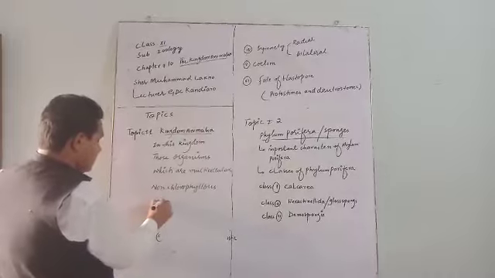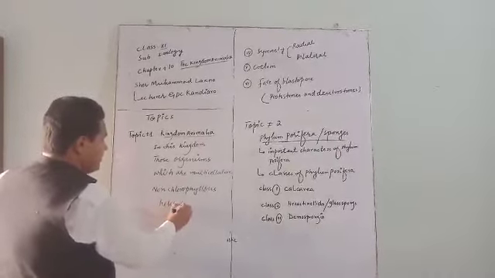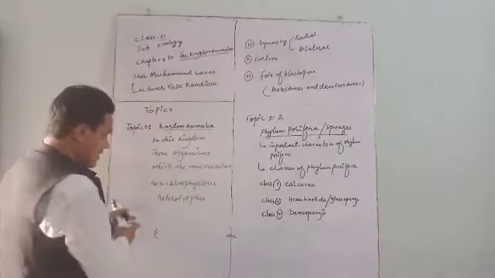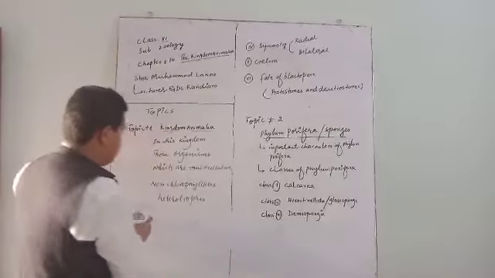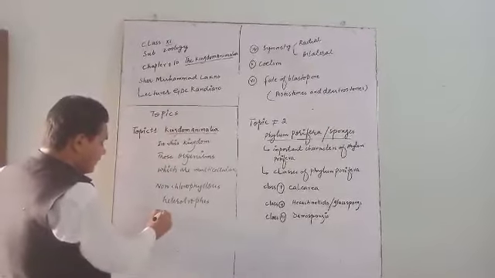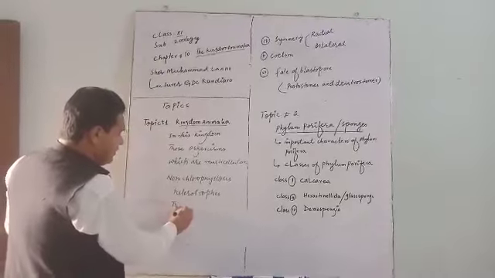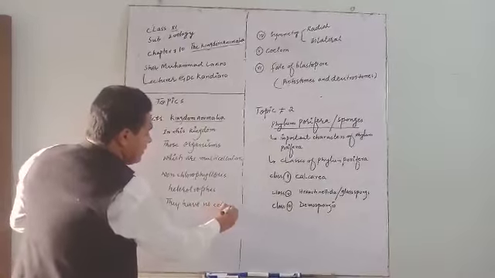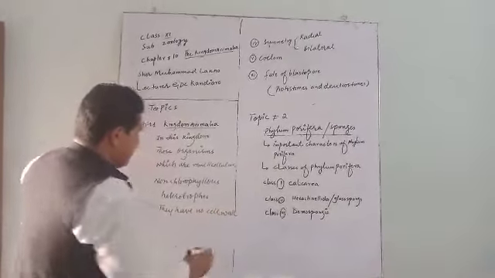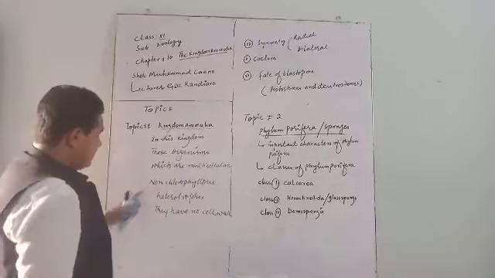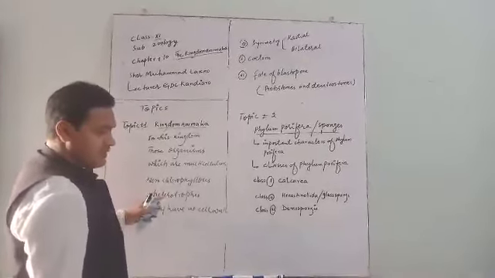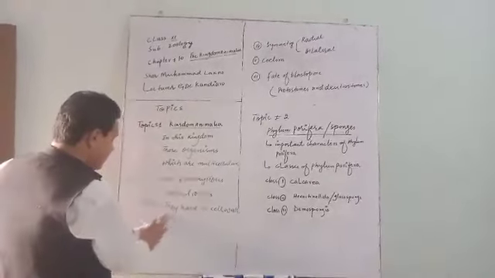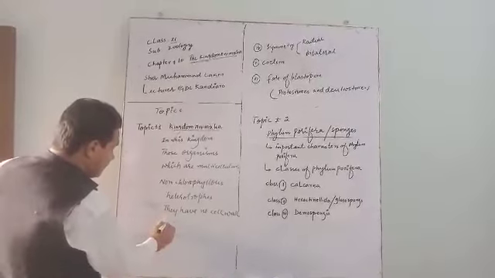These animals are heterotrophs. Heterotrophs are those organisms that cannot prepare their own food. They have no cell wall. They obtain their food by a method called ingestion. They are heterotrophic. They are ingestive heterotrophs.